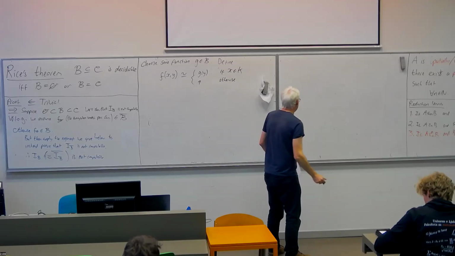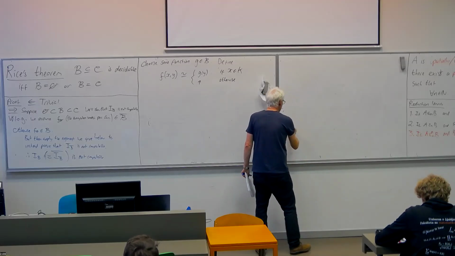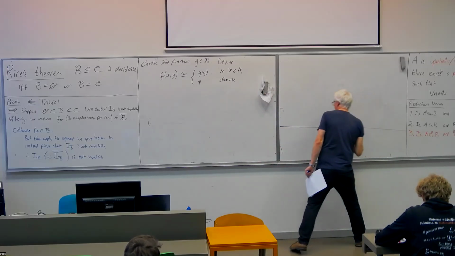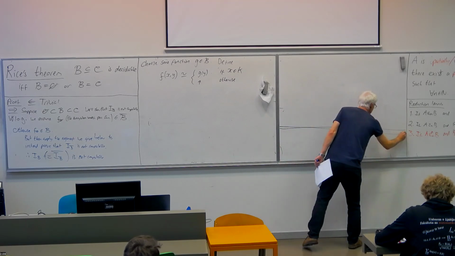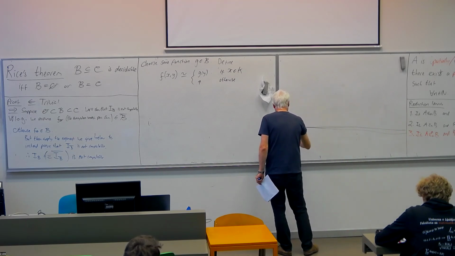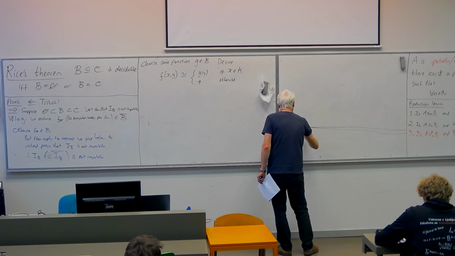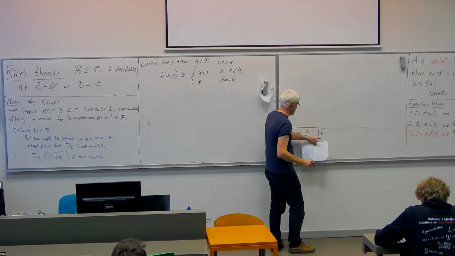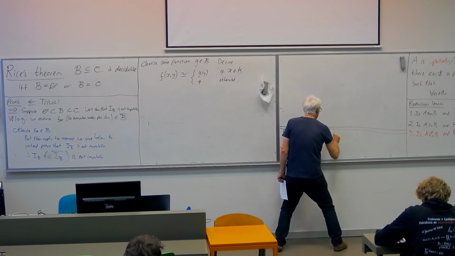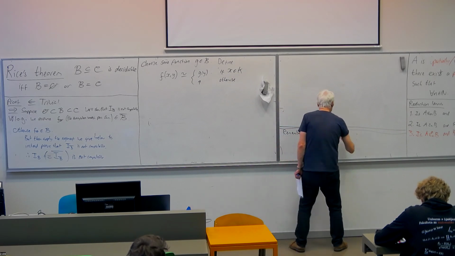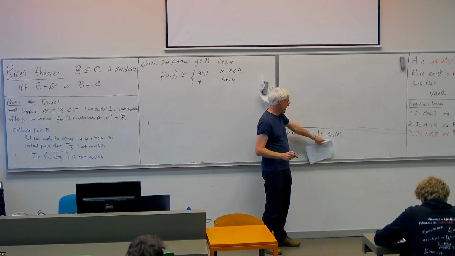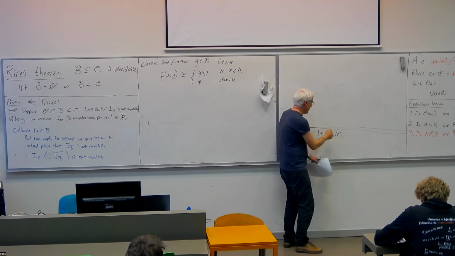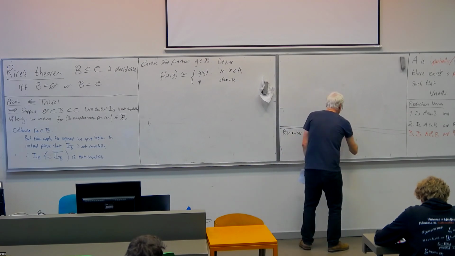Remember, K is Kleene's halting set, which was the indices for all partial computable functions that are defined on their own index.